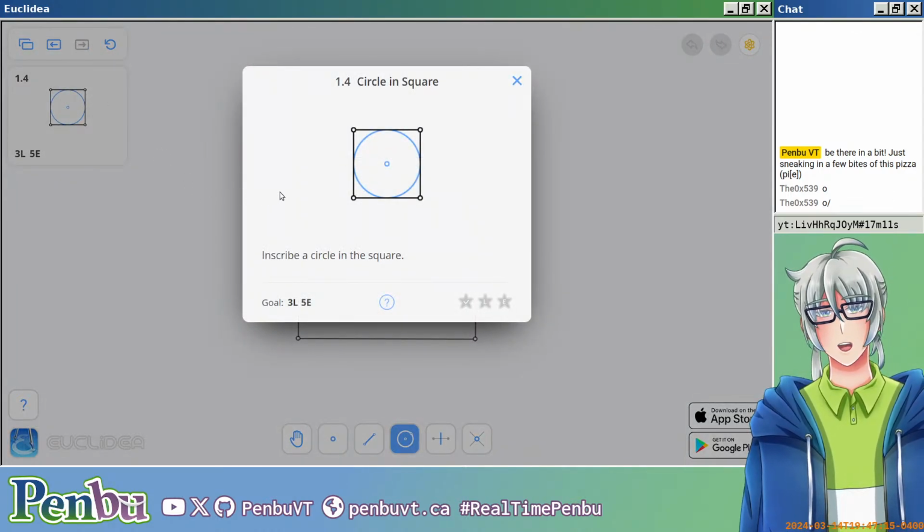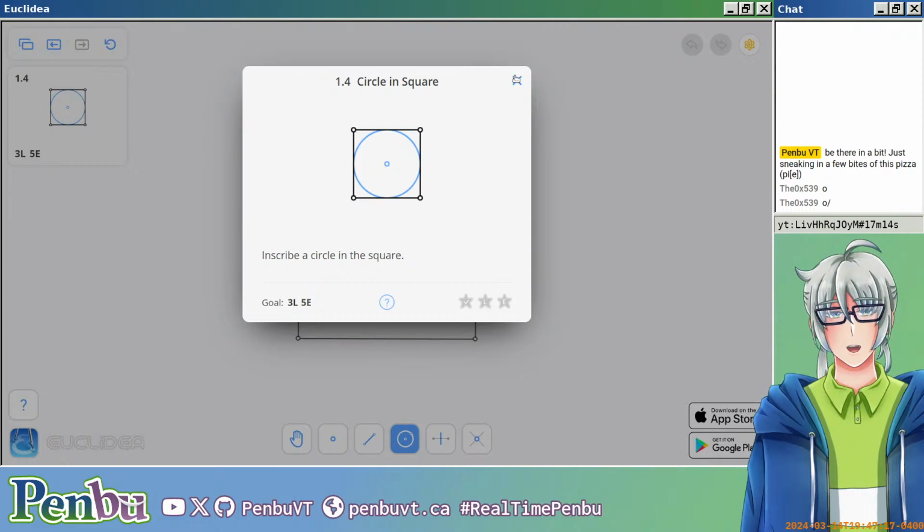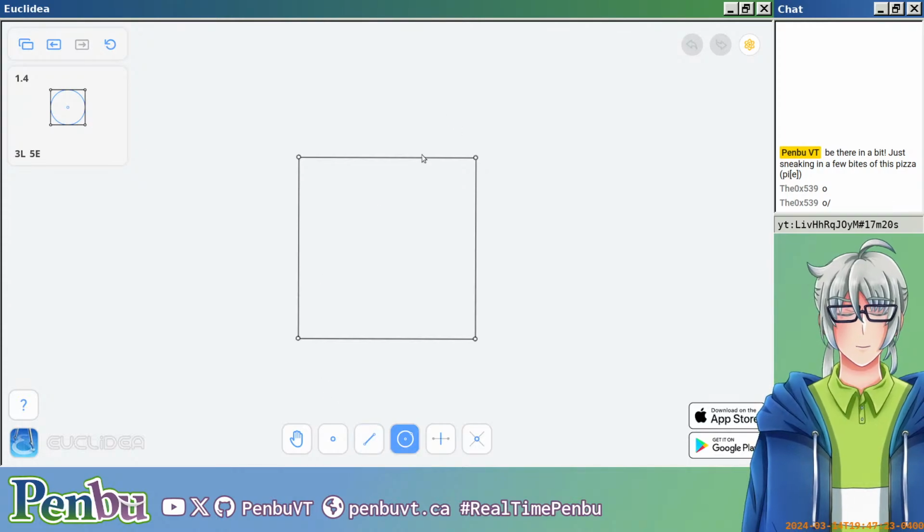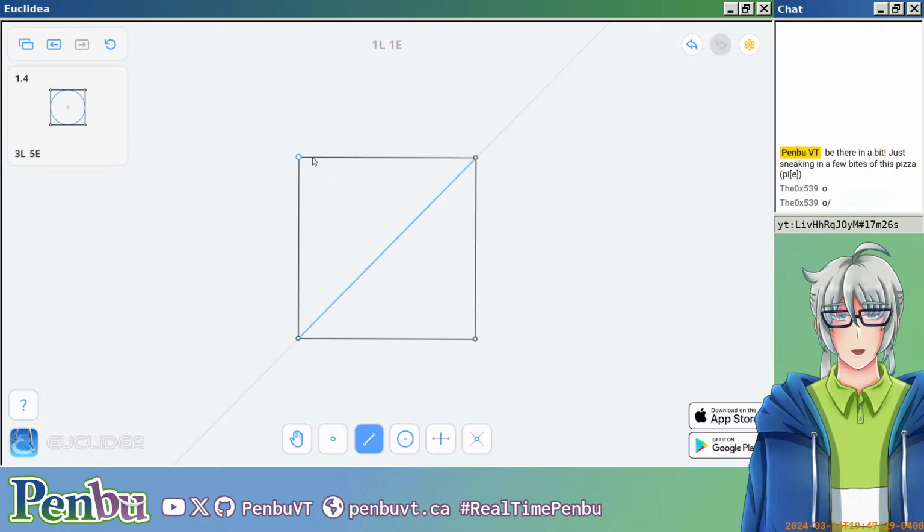Circle in square. Inscribe a circle in the square. Well, it seems easy. But first we gotta figure out where the midpoint is. And so one way we can do that is to make this cross here. This point is the middle.